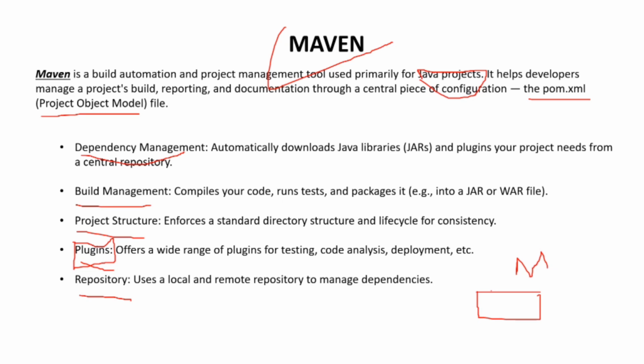So the pom.xml of a Maven project comprises the whole structure: how to download the dependencies, dependency management, and plugins.